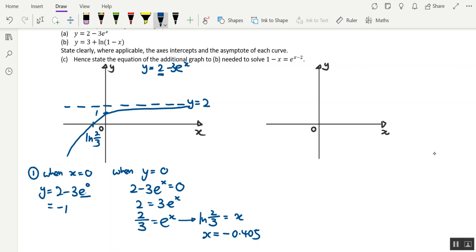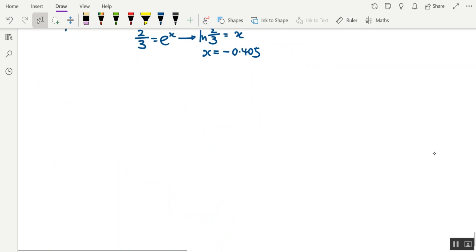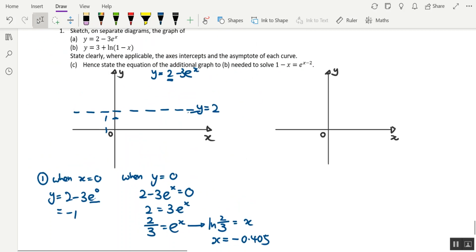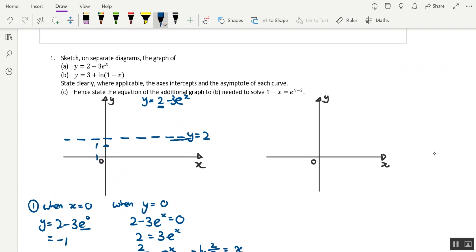Remember, it goes very close to the asymptote, but it will not cut. Something like this will be fine. Or in fact, a better one would be, because negative 0.405 is actually very small, I should go even closer, start very close to the axis, and then cross 1 and this. So this is ln 2 over 3.